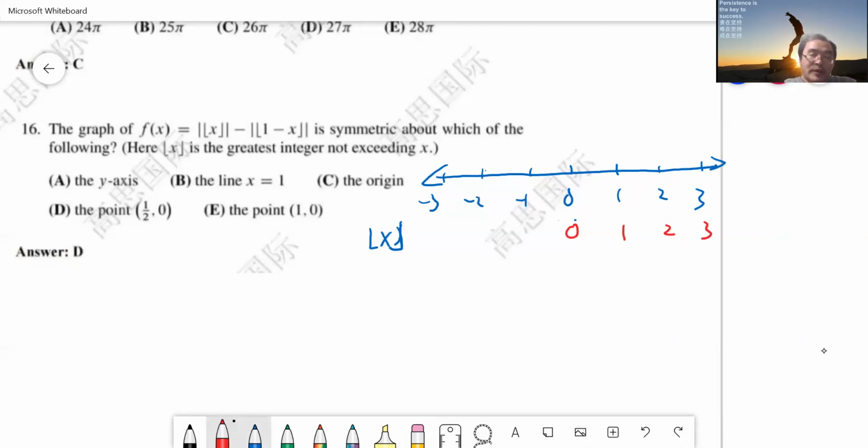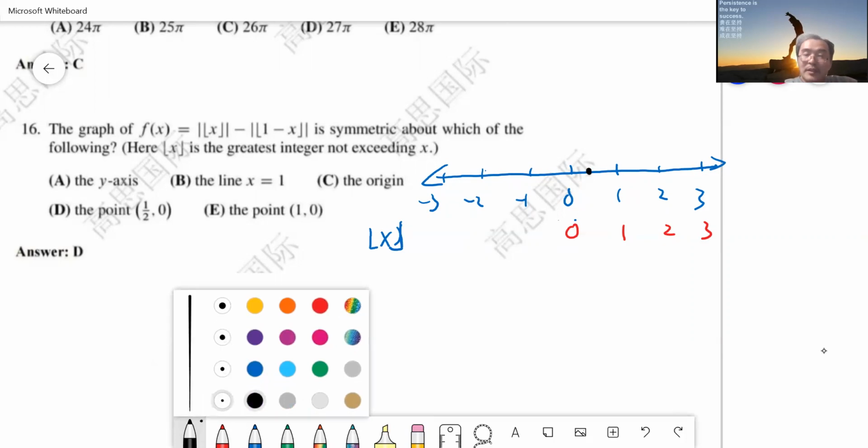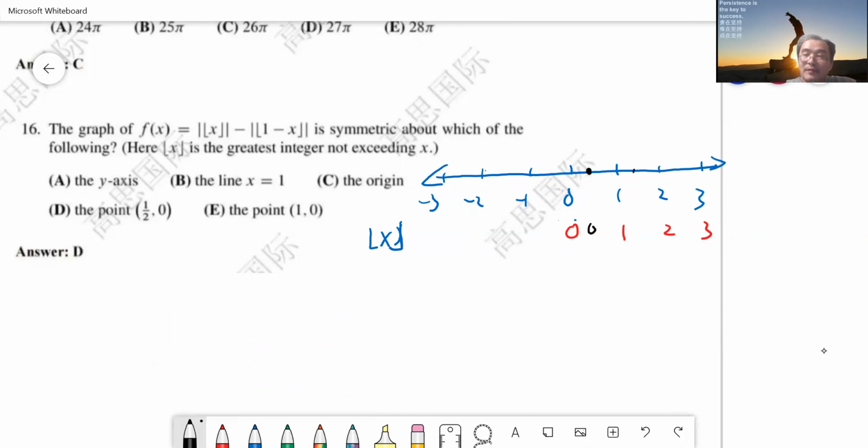What happens if we have a number in between? For example, some number here. Flooring means you find the integer just below this number. That's 0. If you have the number here, find the integer below this. That's going to be 1. So any number between 0 and 1 gives 0. Any number between 1 and 2 gives you 1. And a number between 2 and 3 gives you 2, right?